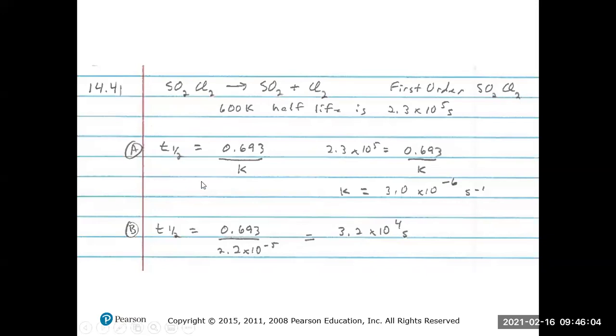So once again, we use this formula, T1/2 equals 0.693 divided by K. Notice the K at this temperature is different. This one's 2.2 times 10 to the minus 5. The other one was 3 times 10 to the minus 6. So different temperature, different K values. The 0.693 is part of that formula, and we do the math and get 3.2 times 10 to the 4th seconds as our half-life time. Okay?